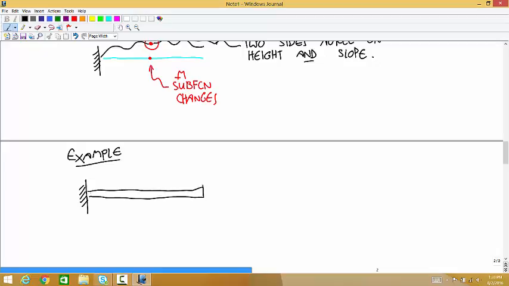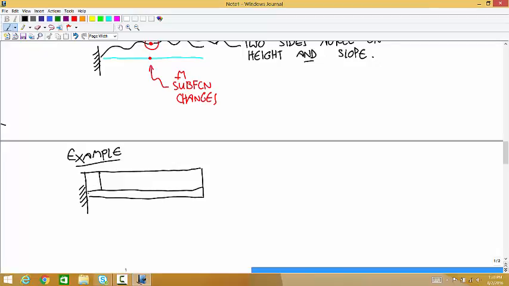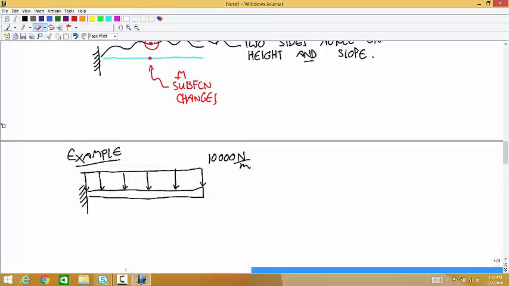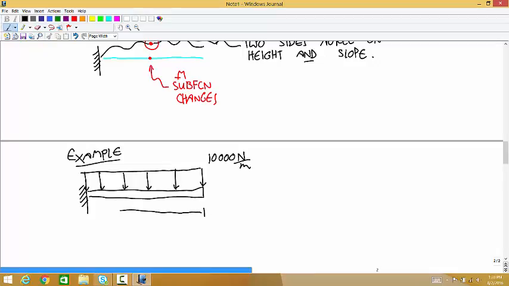And we have a uniform distributed load of 10,000 newtons per meter. The beam's 3 meters long. And let's say this is steel, so Young's modulus is 200 times 10 to the 9 pascals.